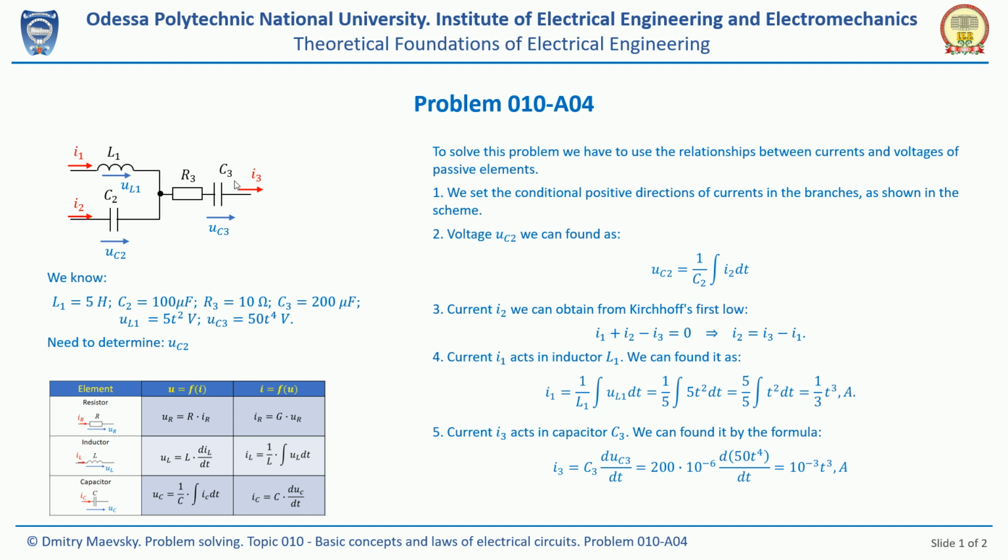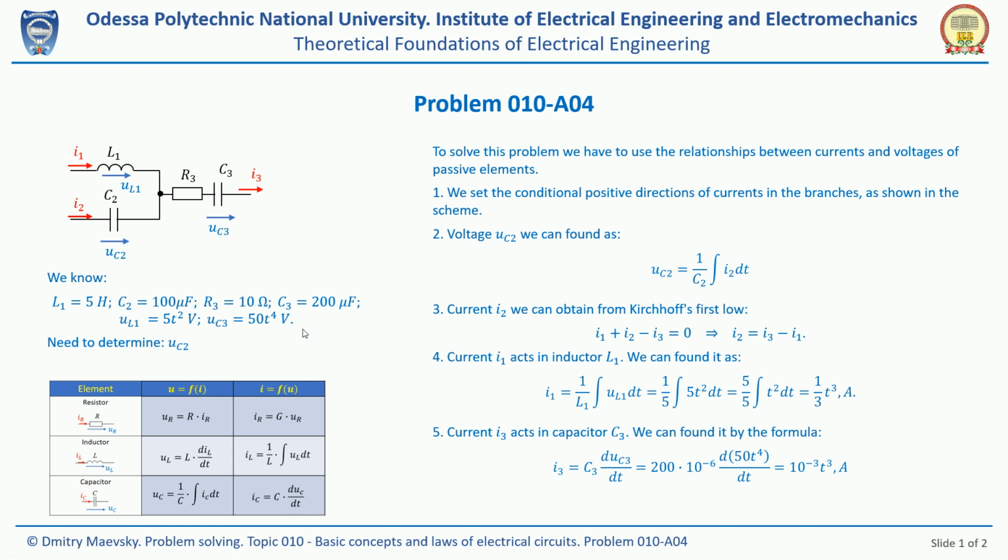We know also the parameters of each passive element of this scheme, and we know the voltage. Voltage acts on inductor L1 and voltage acts on capacitor C3.